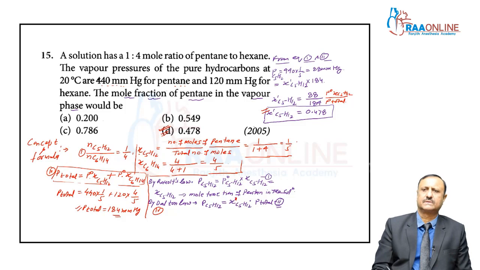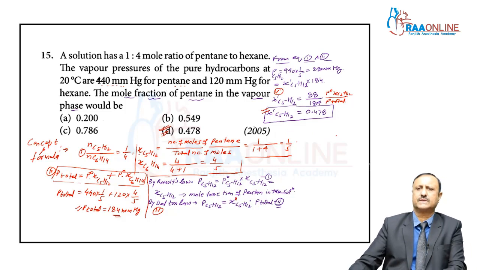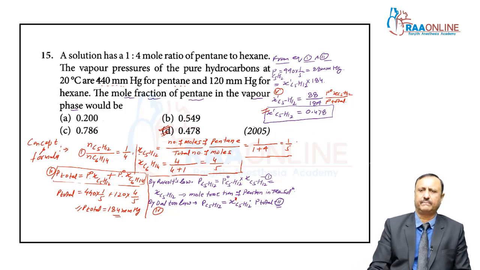So now my dear friends, you can use these formulas and you can get the answer. This question was asked in NEET 2005. I hope my dear friends, you can see these concepts and how to solve these questions.